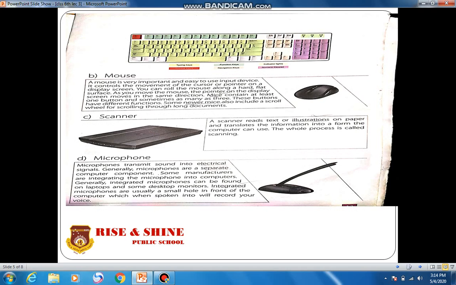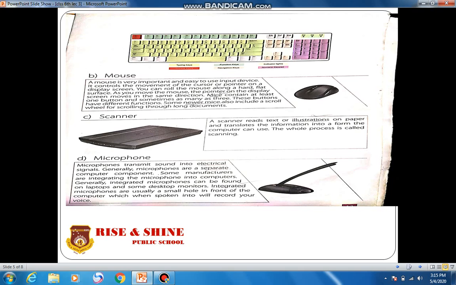In this picture you can see the keys marked with the red color are the control keys. Keys marked with the pistachio color are the typing keys. The keys which are marked with the blue color are the punctuation keys, and the keys marked with the purple or mauve color are the navigation keys.